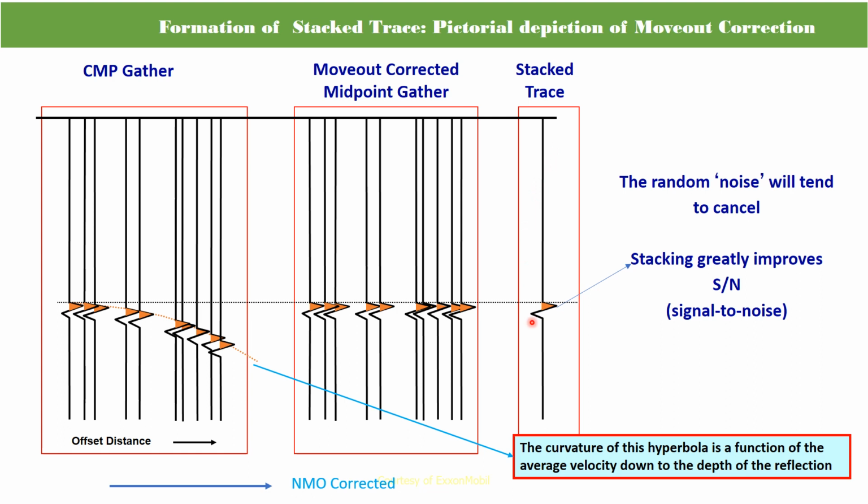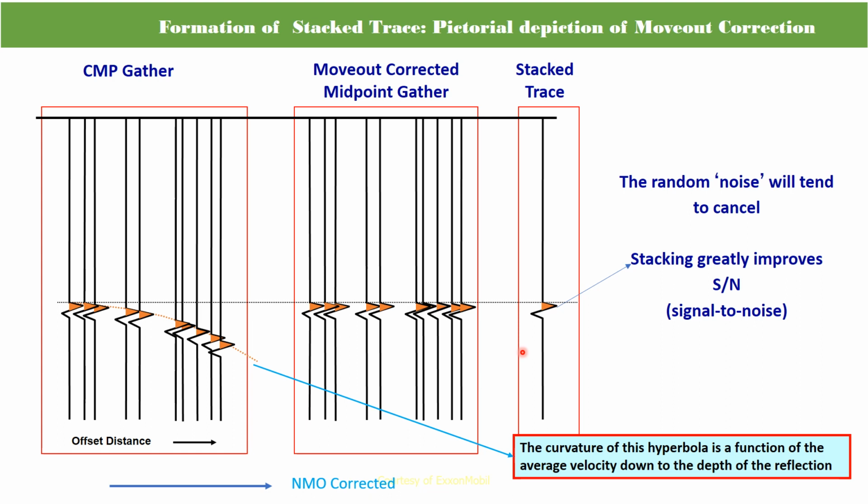So our main objective for seismic processing is to have a trace with the best signal to noise ratio, and that will be coming from the CMP gather. This is our pictorial depiction of the normal moveout correction in seismic processing. We will be doing this method in software using this technique.